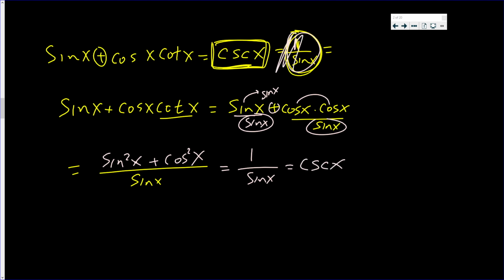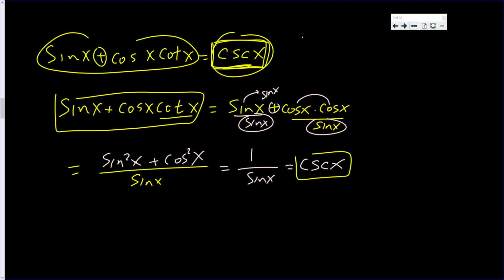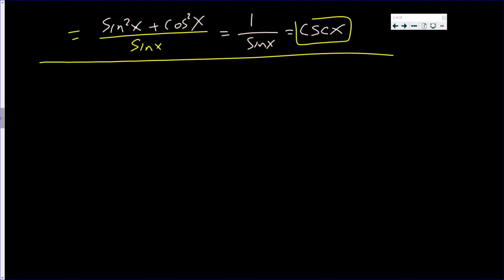And erase this, because your teacher makes a big deal about you writing on both sides. And there it is. I started off with this, that is this, and I got it to equal that, which is that. That's all I needed to show. Let us try another one.